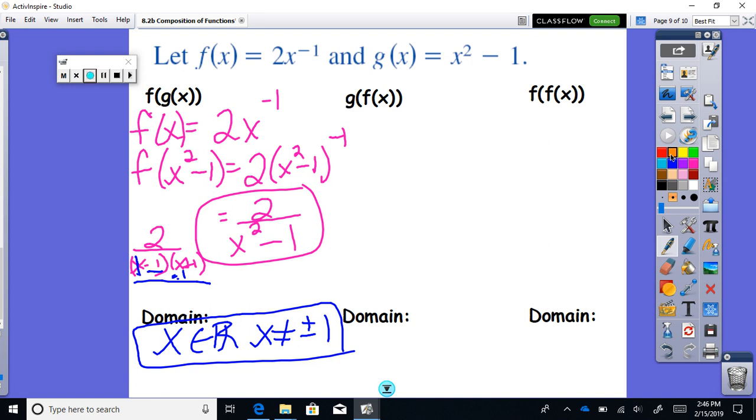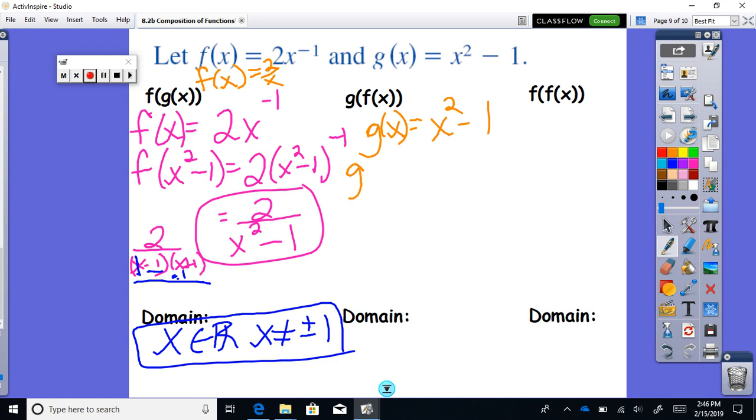Okay, go the reverse. g of x equals x squared minus 1. I'm going to rewrite f of x and make it a positive exponent right away. So it's going to be 2 over x instead of 2x to the negative 1.